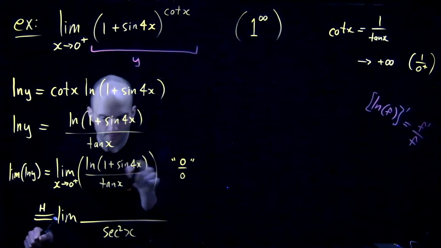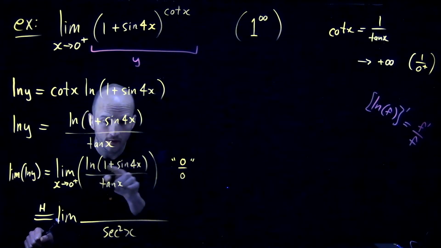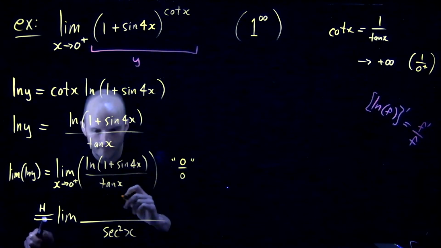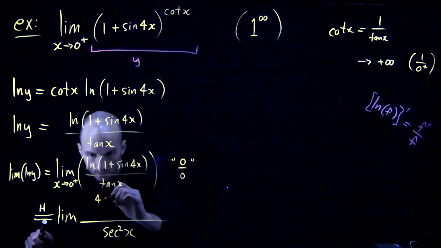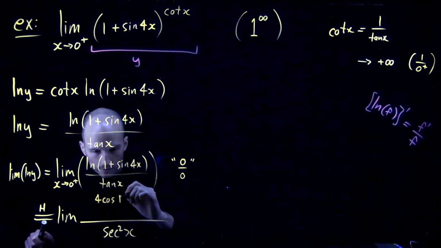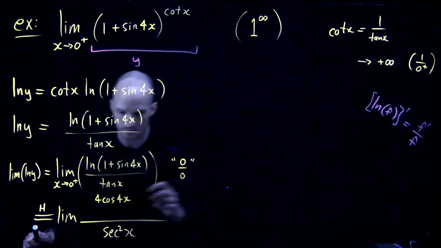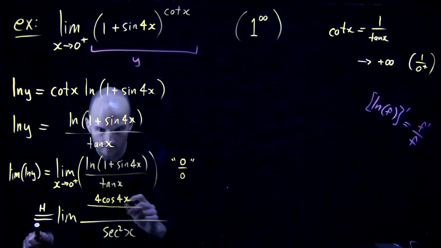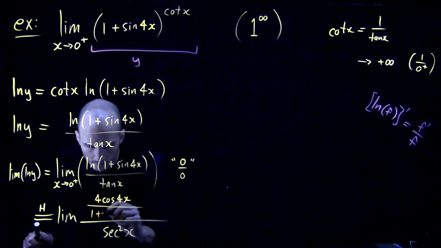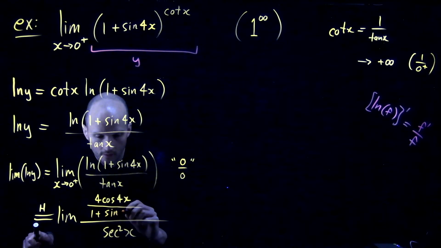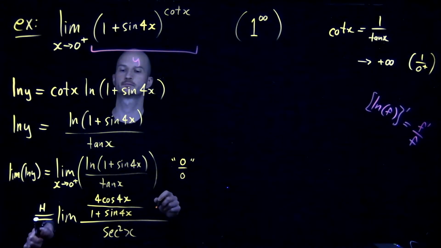So what is f prime? Here's my f. I'm going to get cos 4x times 4, so 4 cos 4x. That's my f prime, and then just divide by the original f, 1 plus sine 4x.